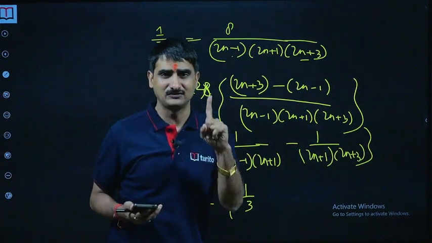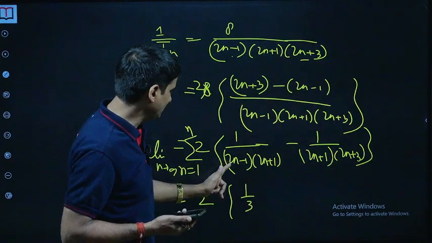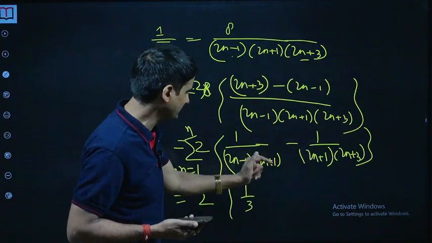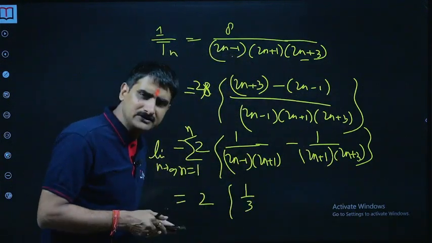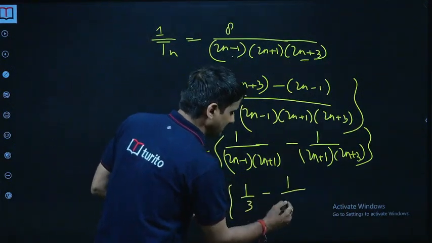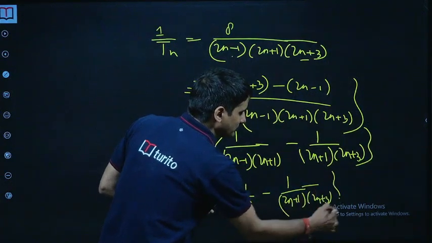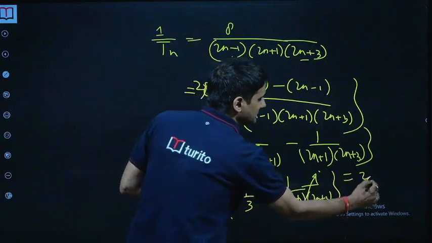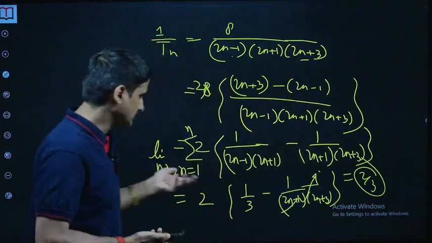Since we are left with only one term in the beginning, for 2 we will get 3 into 5, and all other terms will get cancelled, so the last term left will be, when you replace n by n here, 2n plus 1 into 2n plus 3. Now as n goes to infinity, that goes to 0, so the answer should be 2 by 3, if my calculation is not wrong anywhere. So that should be the answer.